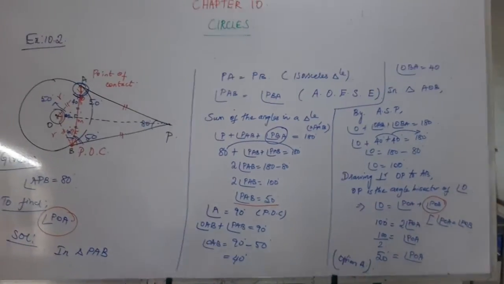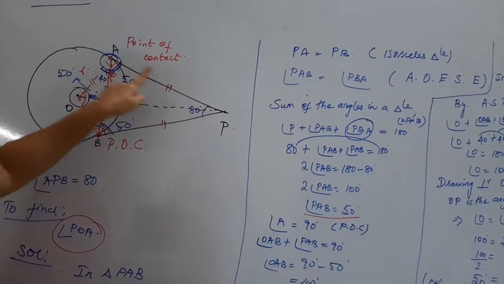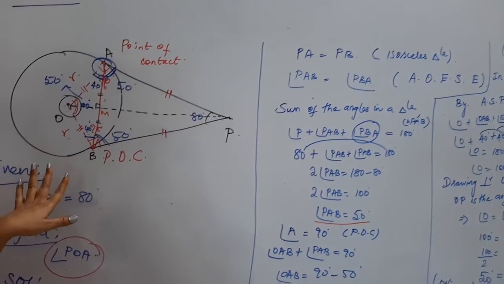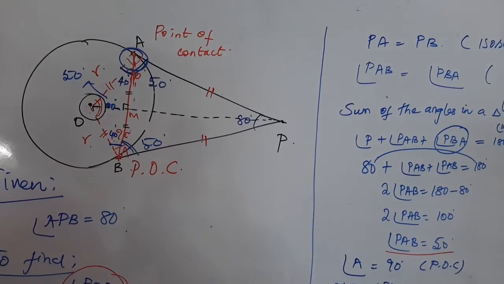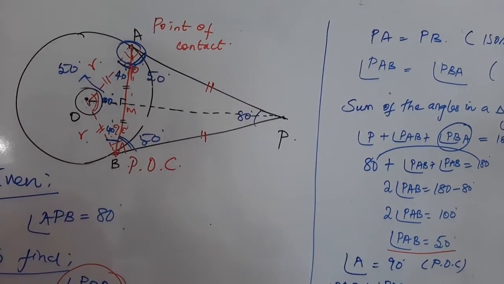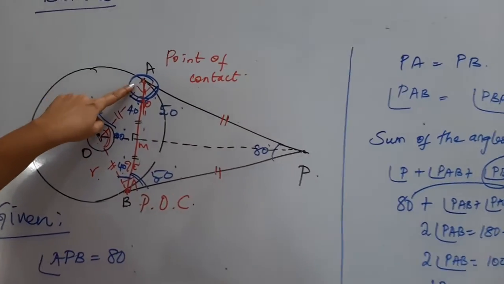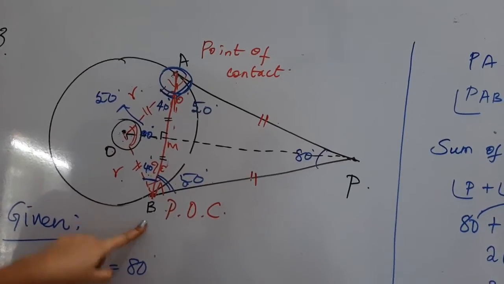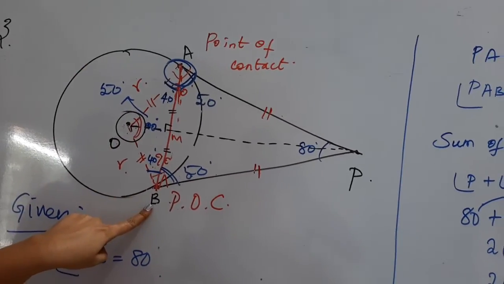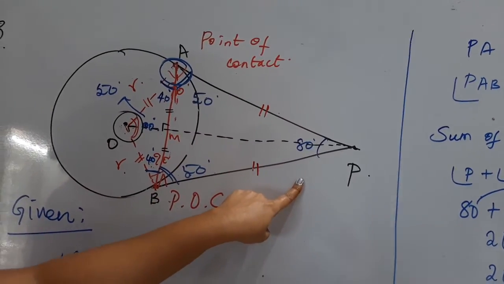What is OAPB? OAPB is a quadrilateral, and we know that the sum of the angles of a quadrilateral is equal to 360. Now one angle they gave is 80. By theorem 10.1 we know that angle A is 90, angle B is 90. So 90 plus 90 becomes 180. 180 plus 80 becomes 260.